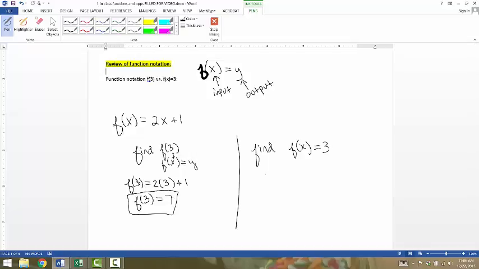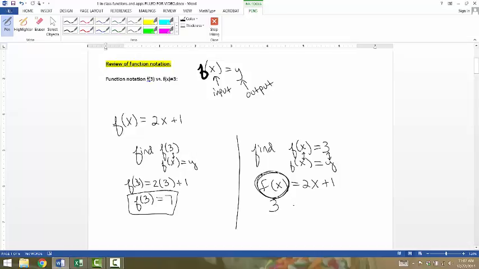Alternatively, we may be asked to find or solve f of x equals 3. Again, comparing it back to f of x equals y. This time, the value inside the parentheses, x, is an unknown. They've given y equals 3. So the y value is 3. The f of x is 3. We need to replace f of x with 3 in the equation. The equation was given as f of x equals 2x plus 1. We are replacing f of x with 3, replacing y with 3.